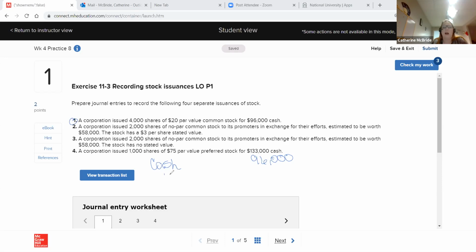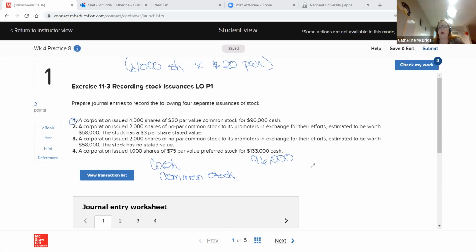For our common stock account, we're going to take the 4,000 shares times the par value, so we have 80,000.